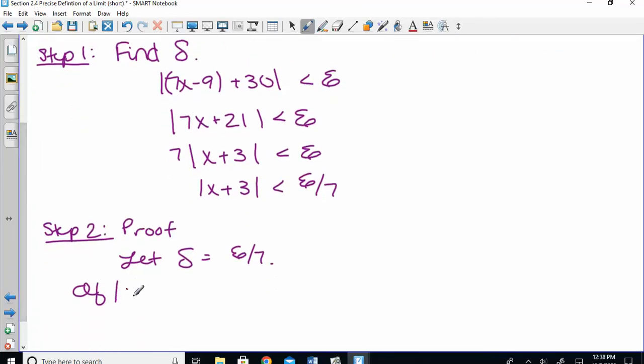If the absolute value of x plus 3 is less than delta, then the absolute value of the 7x minus 9 plus 30, and I have to work this out until I get the less than and the epsilon. So we're really just doing the same thing over again.